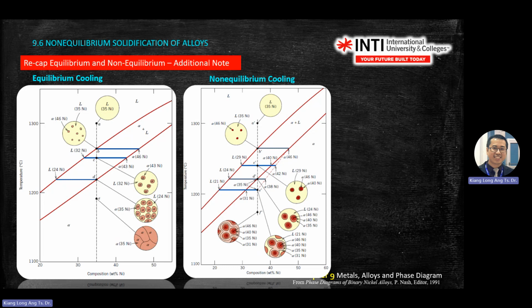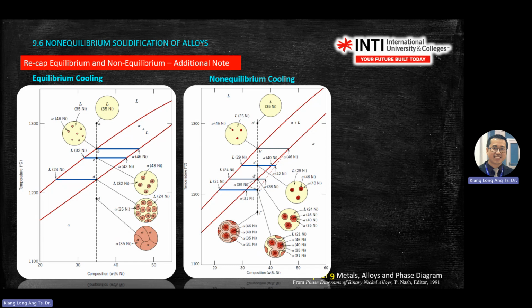How do you know the percentage of liquid or solid? Here you still see liquid and a little bit of solid. So here liquid 35%. On the other side, at this point you touch down, you get 46%. So alpha 46% of nickel.